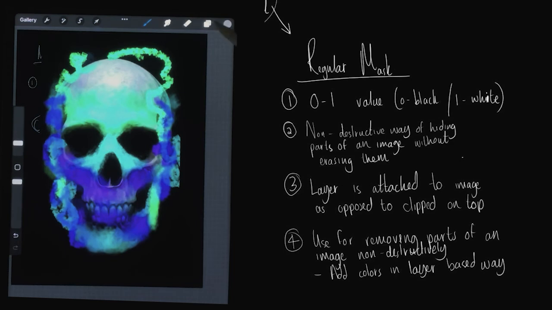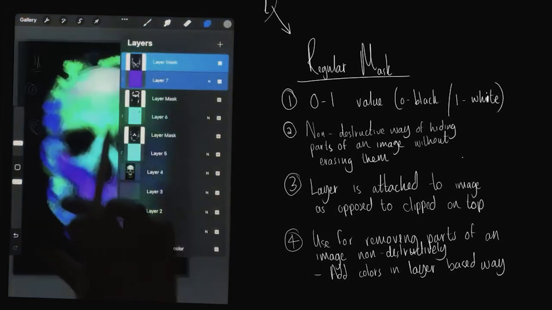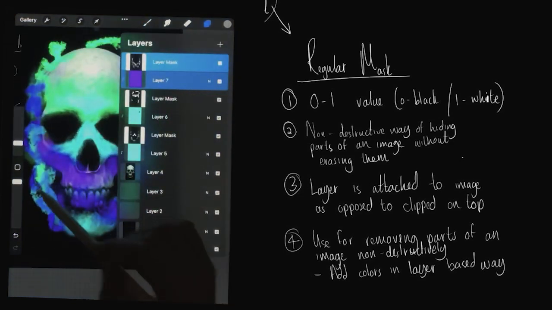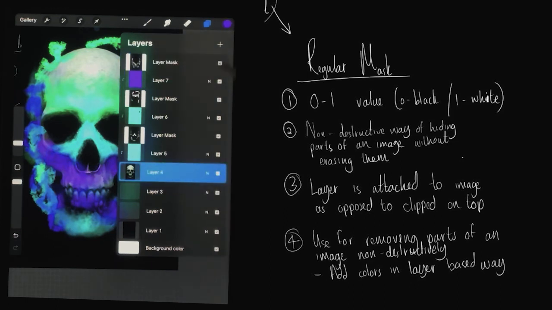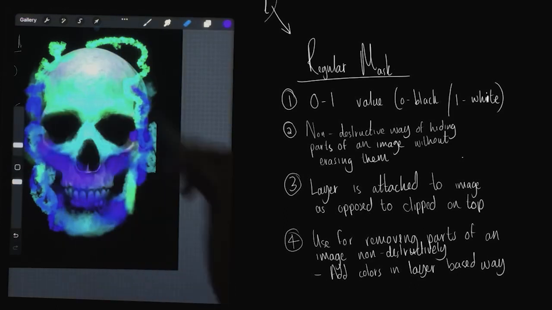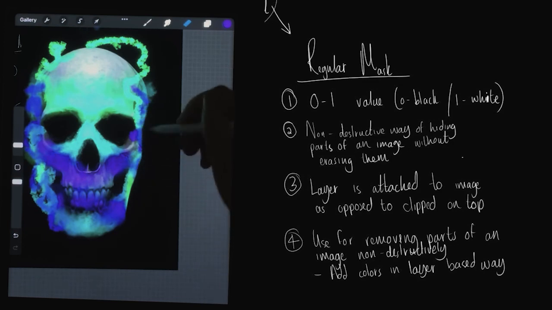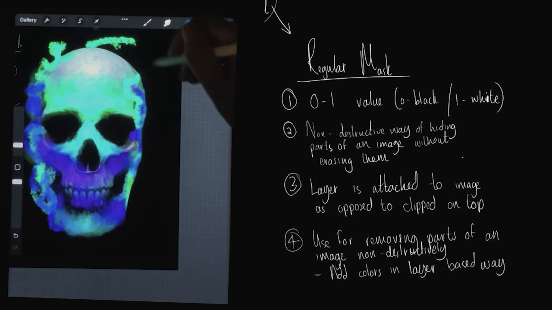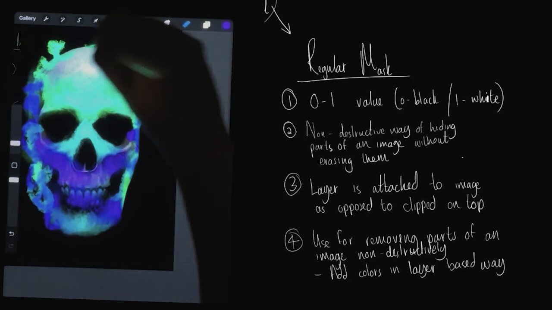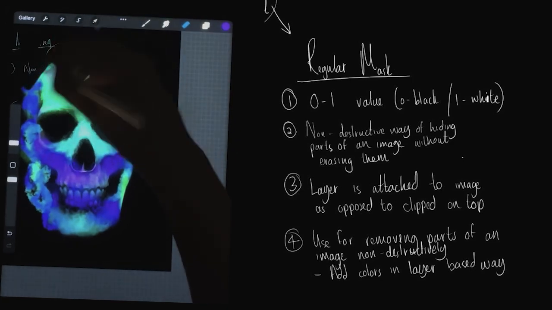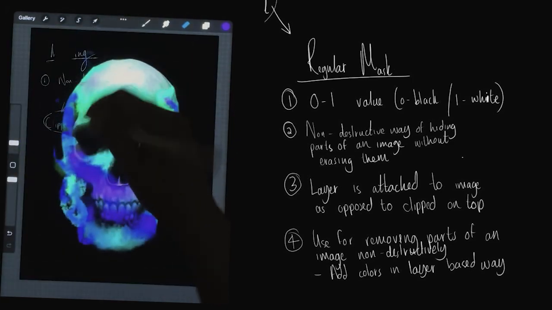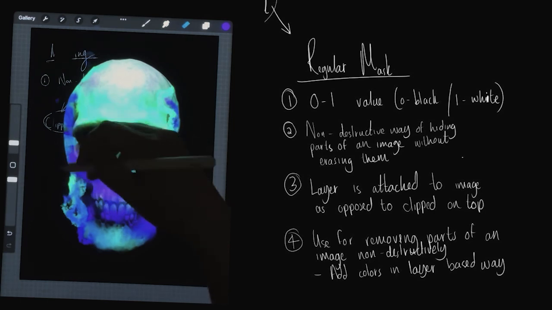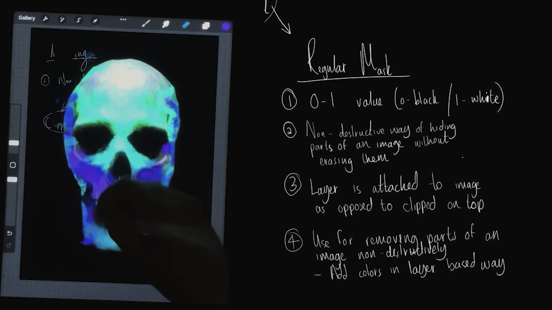So instead of having to go into each layer and erasing that mess that I just made, all I have to do is go into the original image and start erasing, and everything gets erased at the same time. Wow, look how much easier that is, so much less effort. Yay for saving time. Cool.